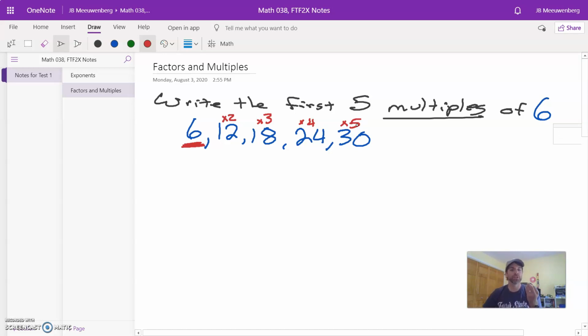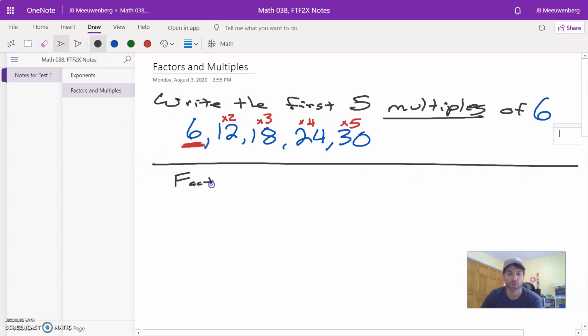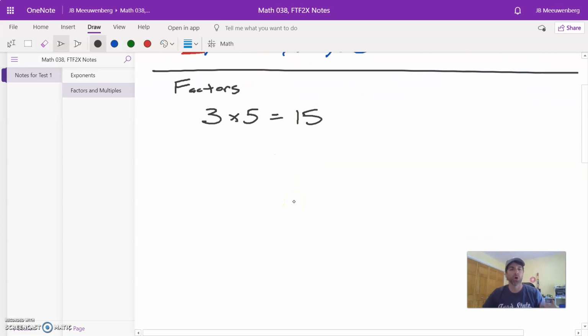Okay? So now let's talk about factors. If I give you a problem like this, 3 times 5 is equal to 15. It's a multiplication problem. And when we do a multiplication problem, we call the result a product, right? So when you hear the word product, you think multiplication.